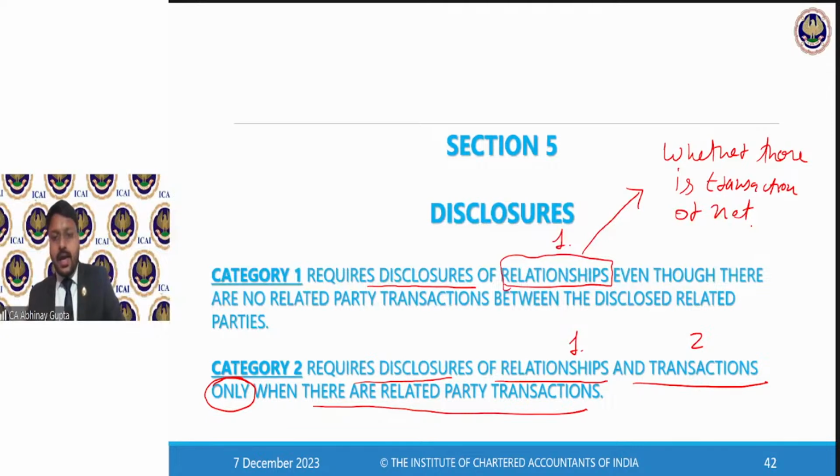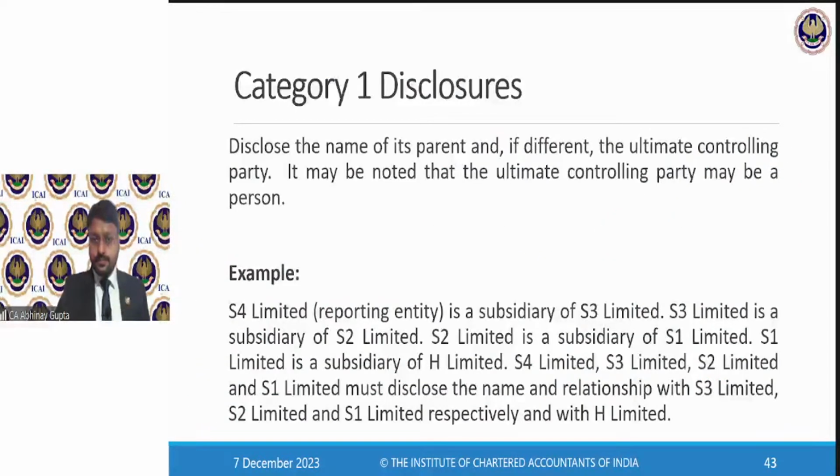So if I have the related parties and I have transactions with them as well, then only I will disclose both the related party relationship, that is the nature of relationship, and the name of the party, and the transactions with them, and the outstanding balances, right? So there are certain categories of related parties which will fall in category 1, and others will eventually fall in category 2. Now we need to discuss these one by one.